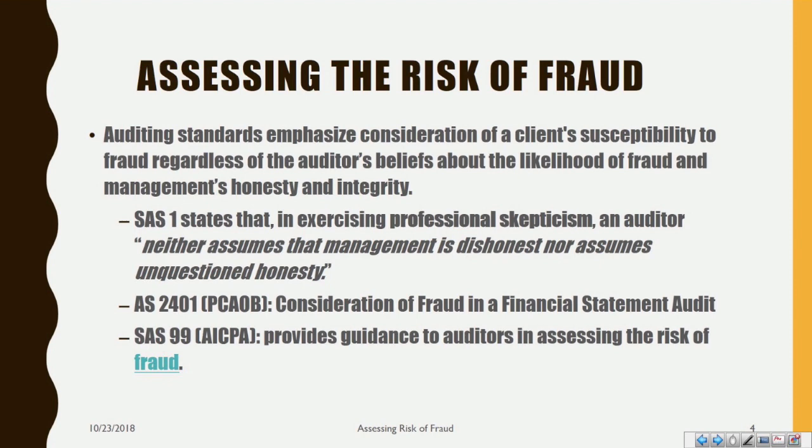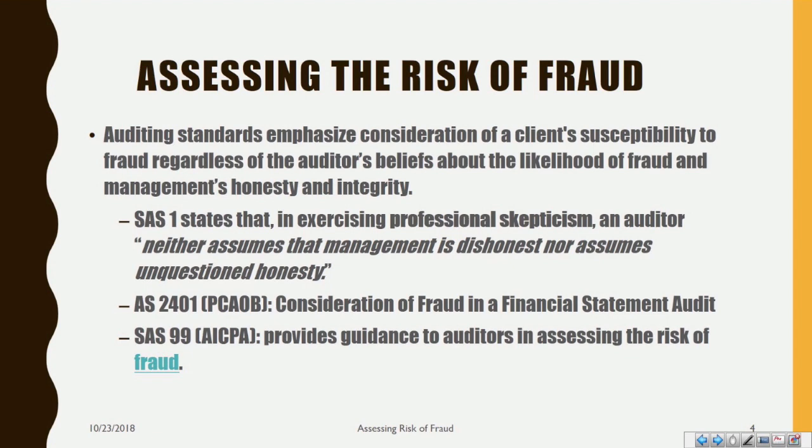The PCAOB standard that talks about the auditor's responsibility with respect to fraud in the financial statements is AS 2401. And the Auditing Standards Board's Statement on Auditing Standards is SAS 99. For quite some time, SAS 99 was the prevailing standard that provided guidance to auditors in assessing the risk of fraud.